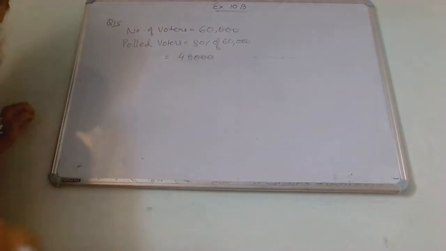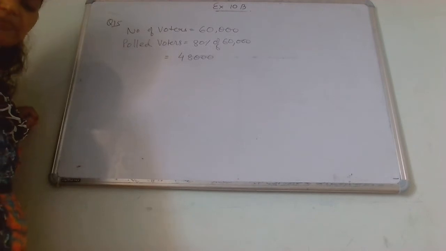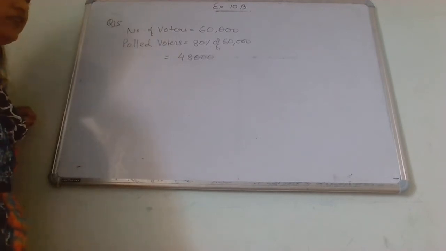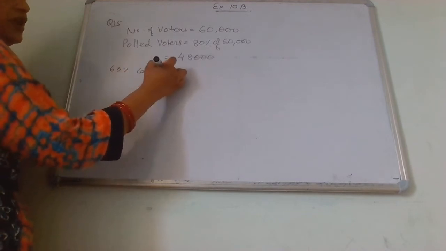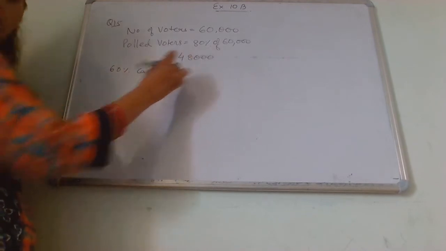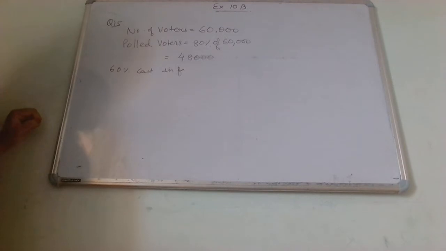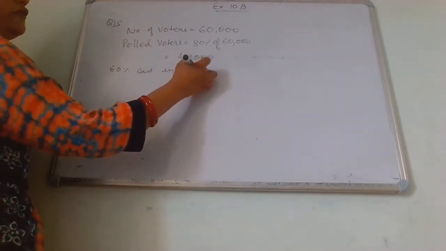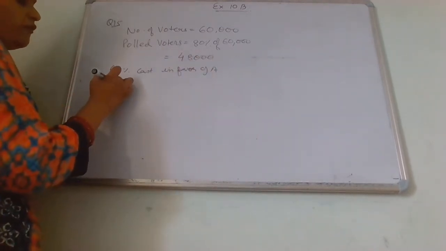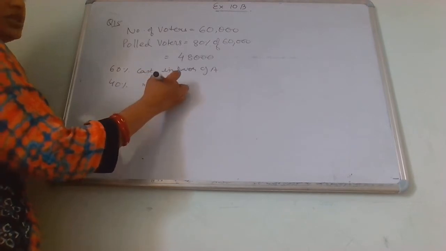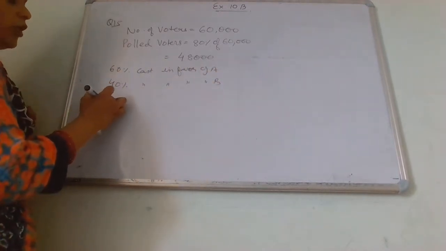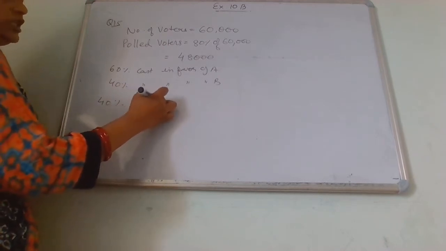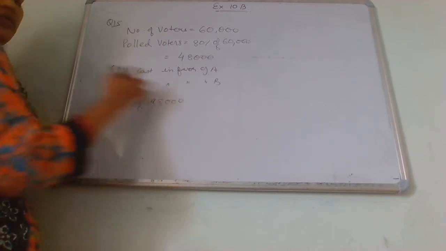So from this 48,000, 60% of the poll votes were cast in favor of A. So 60% cast in favor of A, but 40% cast in favor of B. So we will say 40% of 48,000.